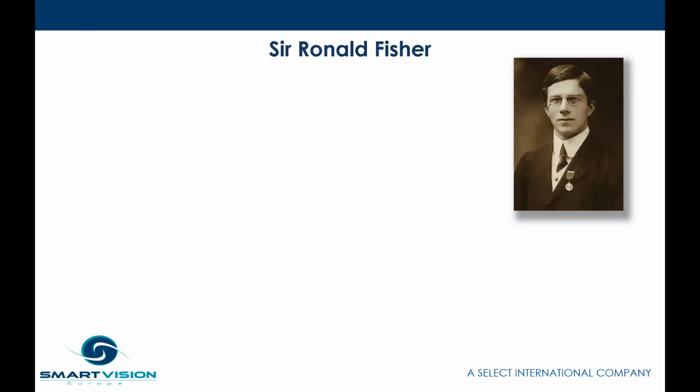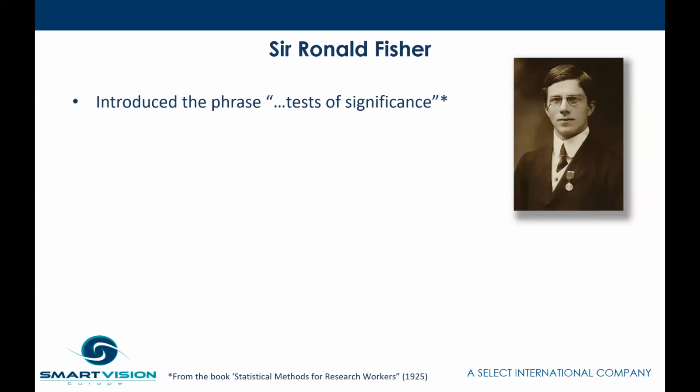The person who's kind of responsible for it, if responsible is the right word, is Sir Ronald Fisher. He's kind of the granddaddy of certainly classical frequentist British statistics. So R.A. Fisher, as he's known. And he introduced the term tests of significance from a book in the 1920s called Statistical Methods for Research Workers.